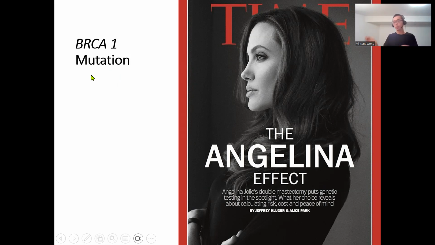So all her cells would only have one working red light, if you're following my analogy so far. That means she has a very high risk of getting breast cancer, 55 to 65% as in the statistic I showed you. So as a preventive measure, she did a double mastectomy. She removed her breasts so that she doesn't have to worry about getting breast cancer.